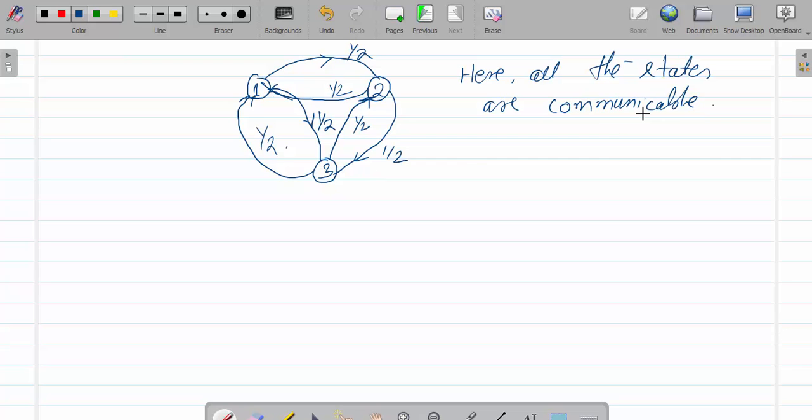Since this is an irreducible Markov chain, all the states belong to the same class. We can find the property of any one of the states. So let us take state 1, and the properties of state 2 and state 3 will be similar to state 1.